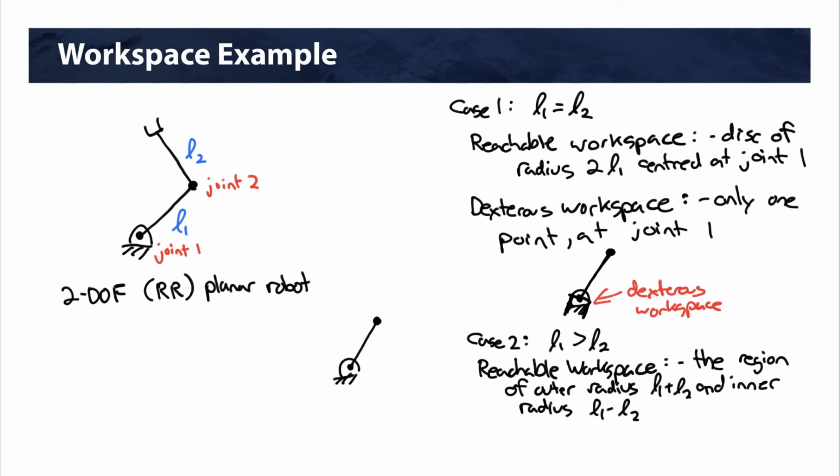So we can draw this. There's L1, there's L2. So we're going to have this outer donut. It's basically a donut.